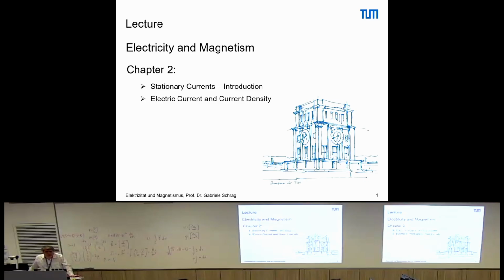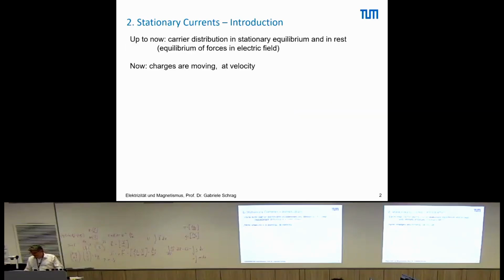Thus far, we had always been in the static scenario. Now we want to see what happens when we have stationary currents, and we want to know what an electric current and a current density are. Up to now, we had carrier distributions, but we always considered the stationary equilibrium case. Even for the capacitors, the charges were already placed.